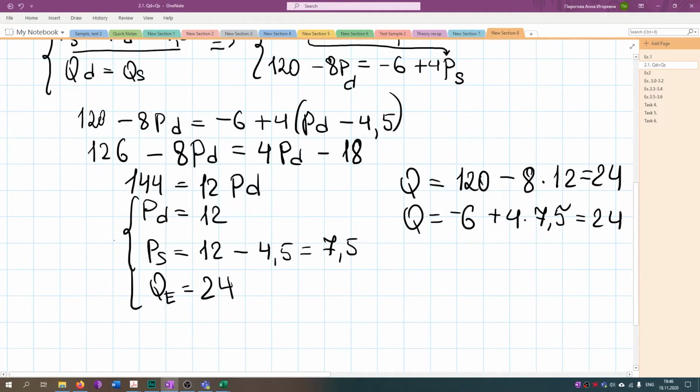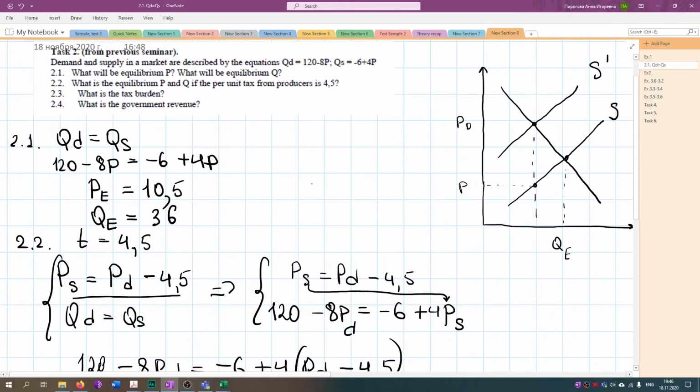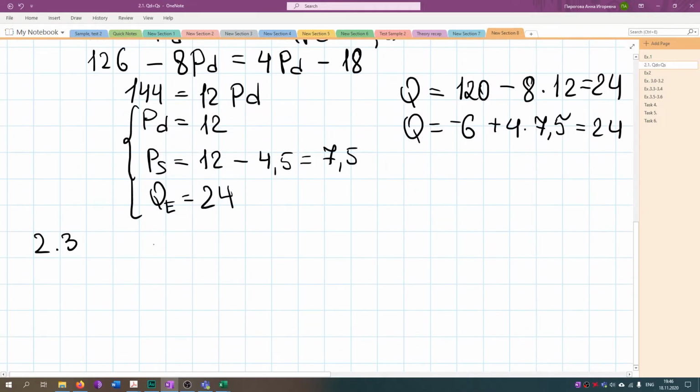So we need to find the tax burden. For this, we need to find the change in price for buyers and the change in price for suppliers.